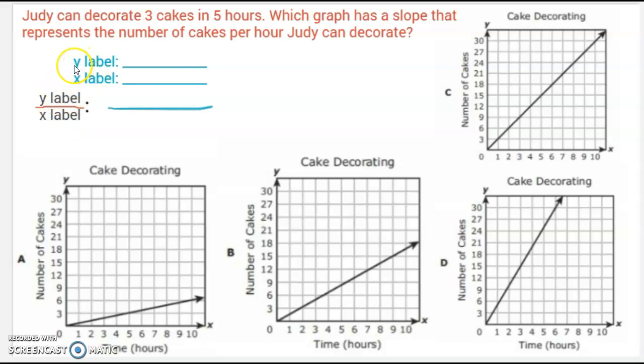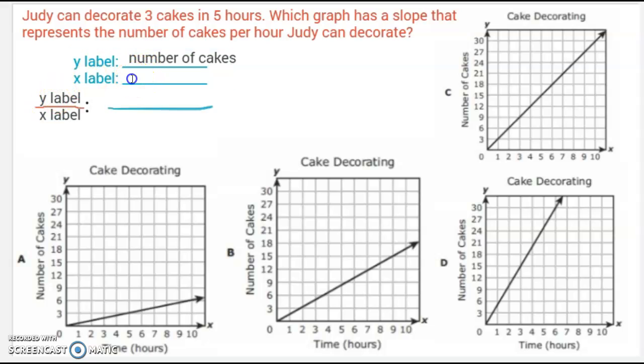So the y label, if I get a text box, I can type right here. On each of the graphs, my y-axis label is number of cakes. Let's make that bigger. My x-axis label is time in hours, right?